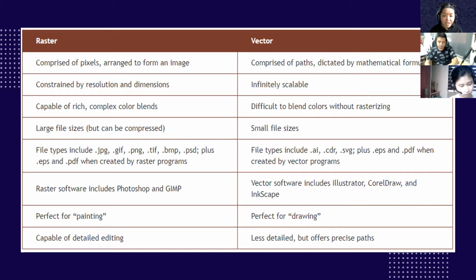Or our images, and saves in the file formats indicated above. And GIMP. Okay. But again, you also have phone apps that handle photo editing. You can consider them as raster programs as well.